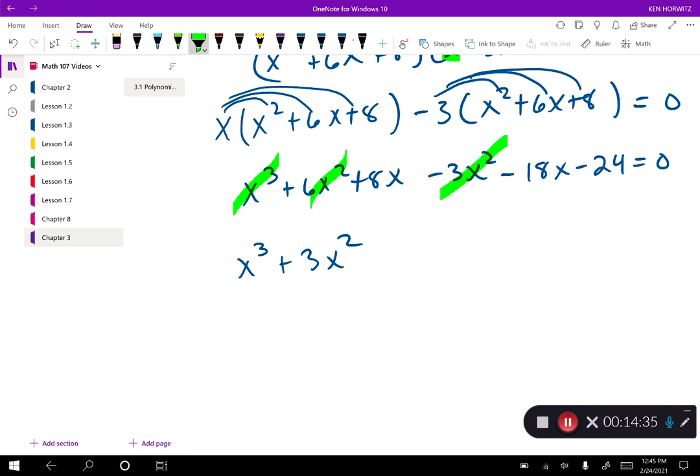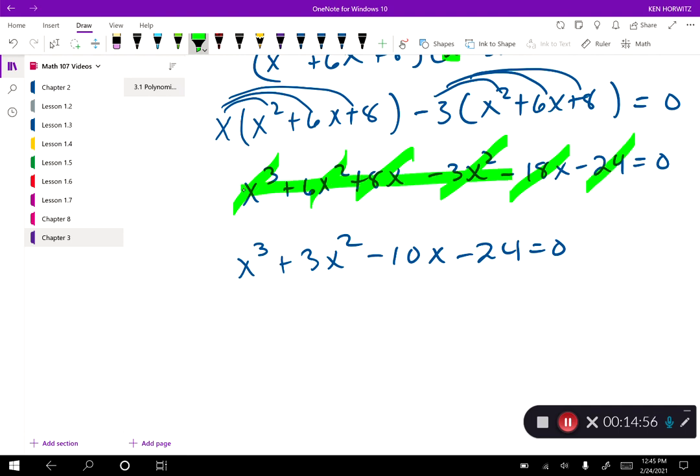So now we're looking at 8x minus 18x is minus 10x. I'm going to cross these two out. And then minus 24. All right, and everything is crossed out, so I didn't miss anything.